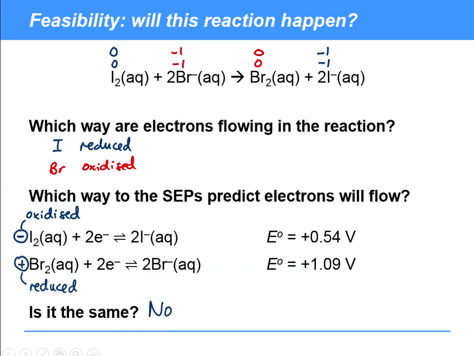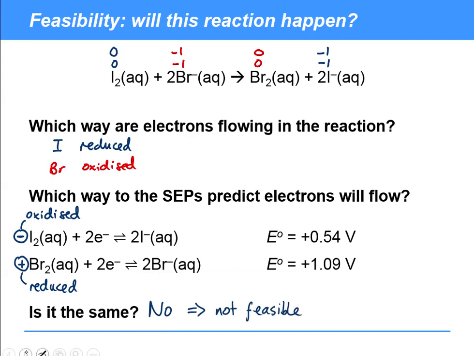So another way of thinking about this is that imagine some electrons are released by the bromide ions, and a little bit of bromine is formed. That's always going to be happening because this is a reversible reaction. However, in this case, the bromine is much more likely to capture those electrons and reform the bromide than the iodine is to capture the electrons and become iodide. So the net effect of this is that no reaction will happen. So we're going to say this is not feasible.